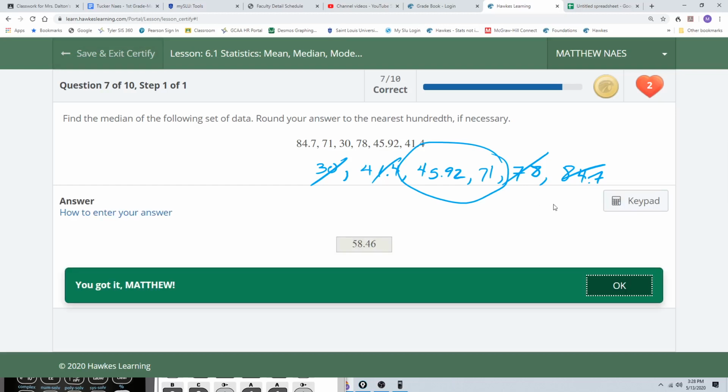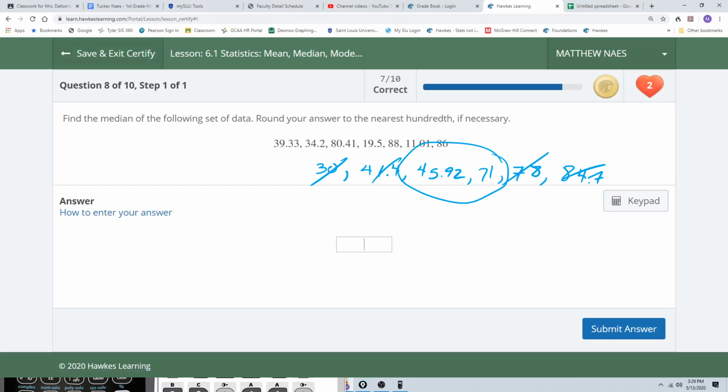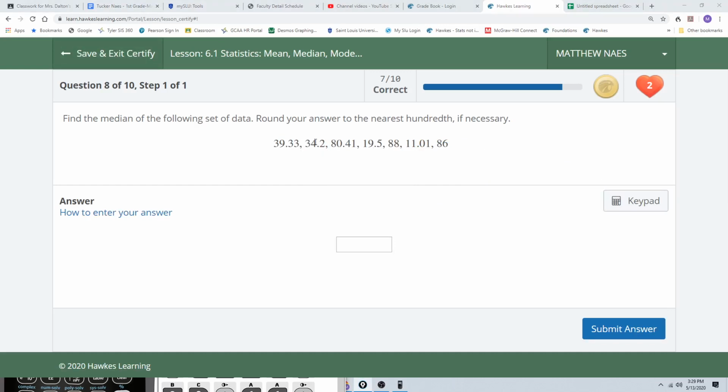All right. Median again. Here I have 1, 2, 3, 4, 5, 6, 7 numbers this time, which means I'm just going to have one middle number. The smallest number is 11.01, followed by 19.5. It's very important you put these in order correctly.